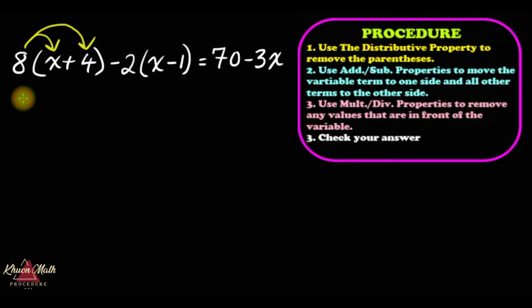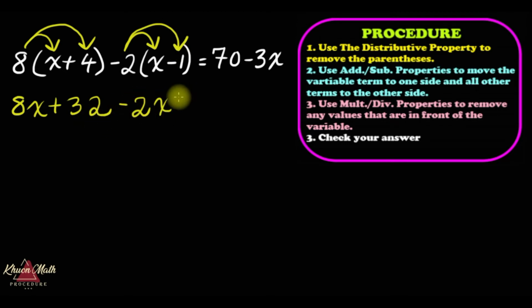So we'll have 8x plus 32. Then here we have to distribute the negative 2. So negative 2 times x, and then negative 2 times negative 1. So we have negative 2x plus 2, and then we'll bring down the 70 minus 3x.